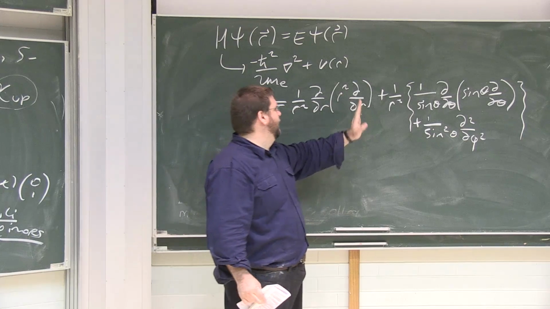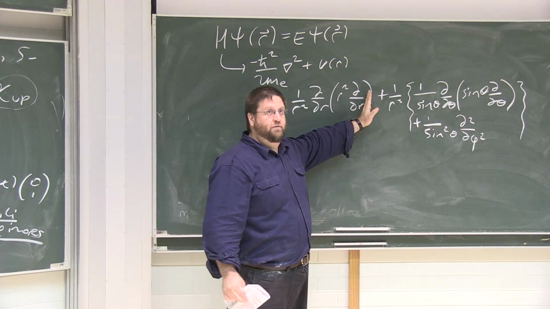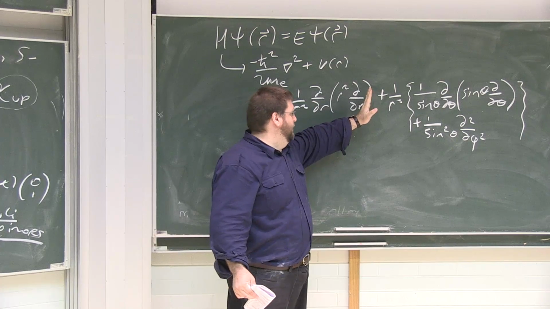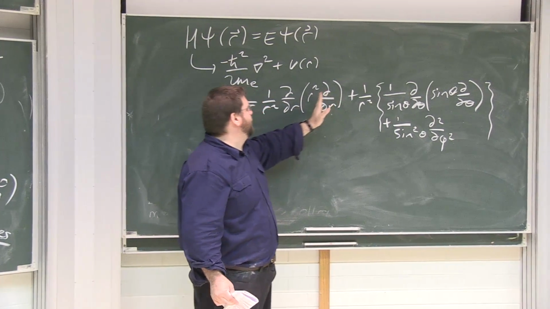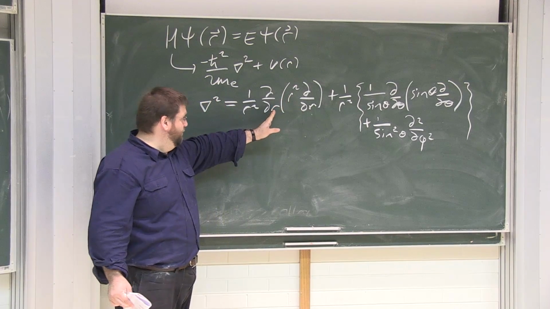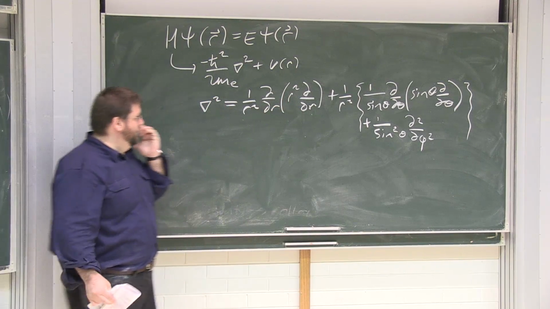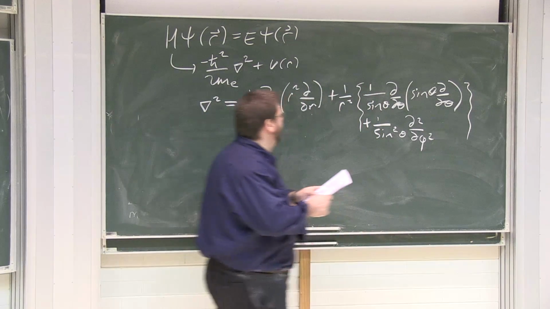It acts on stuff. You could imagine a function living here, let's call it psi. Then you would have the Laplacian of psi, and this term would be psi differentiated with respect to r, then multiplied by r squared, then differentiate that product with respect to r, then divide by r squared. Similarly for this d by d theta and this d squared by d phi squared.